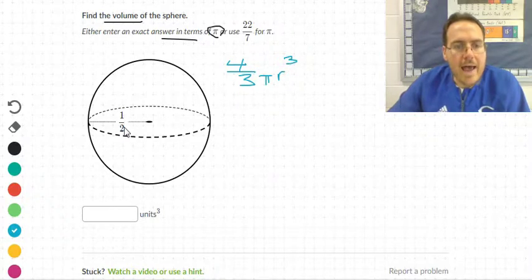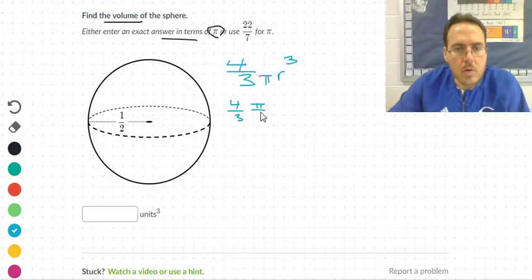So 1/2 is our radius, so that'd be 4/3 times pi over 1 times 1/2 times 1/2 times 1/2. Multiply.